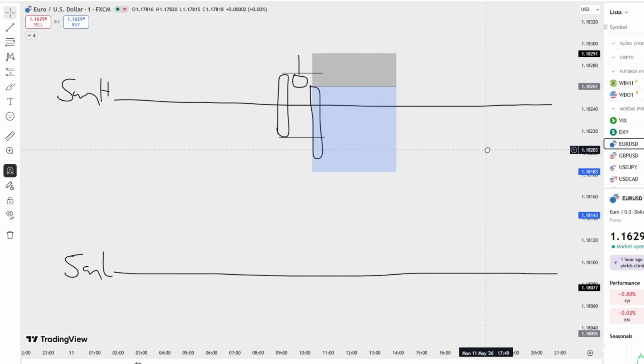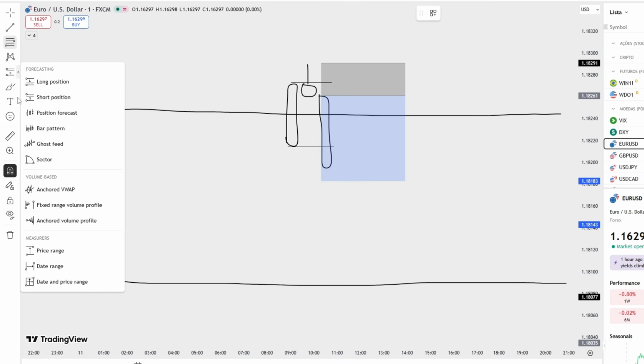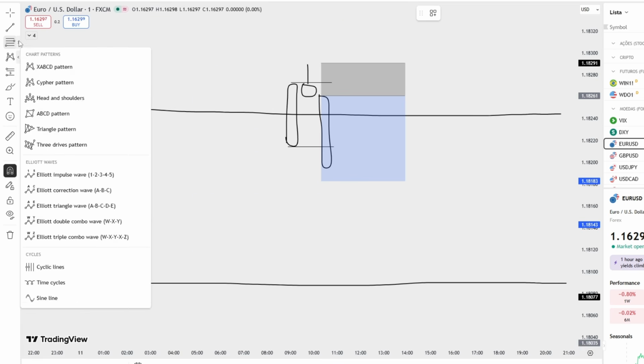And your target always, always, always, and this is for both entry models, the 15-minute or the 1-minute, is going to be at the 50% of this range. So you grab your fib tool or whatever. You can use the Gann box as well. Where is my Gann box? Right here.